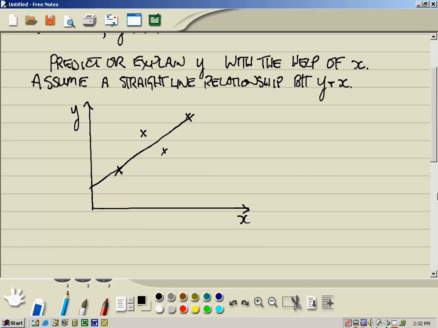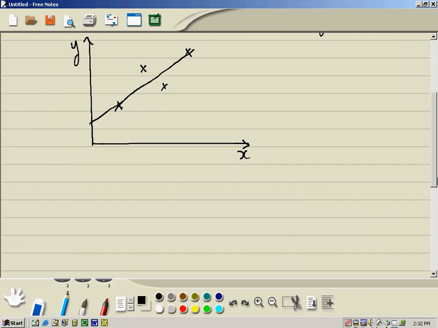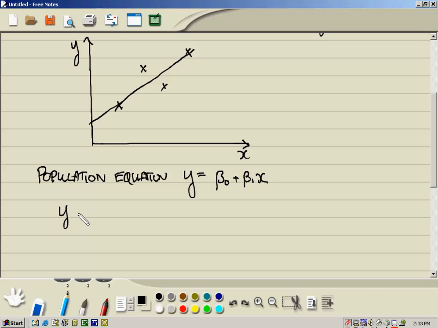Alright, to be able to do that, we need to set up some notation. The format for the true or population equation is y is equal to beta sub 0 plus beta sub 1 times x. The x and y we've talked about before.